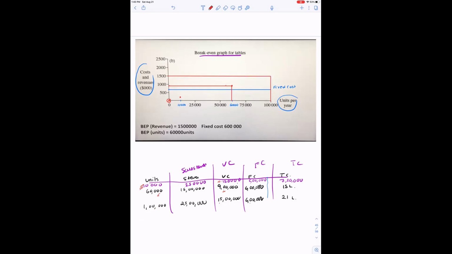Now I plot the graph of the variable cost. The variable cost will increase as the number of units increase.